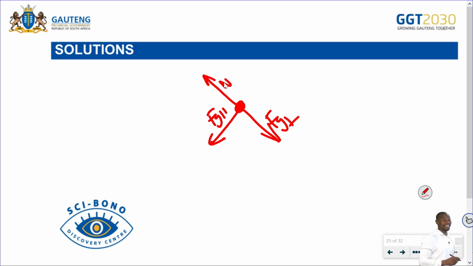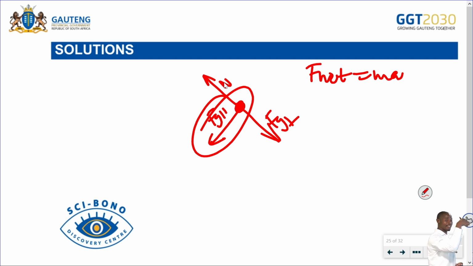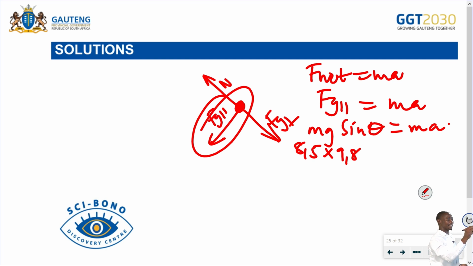Okay? So they want the acceleration. So F net, we know it's given by ma, because now it's accelerating. So we are changing from Newton's first to Newton's second law, right? How many forces are acting parallel? Since this object is moving parallel, there is only one, which is our Fg parallel. This is equal to ma, which is mg sine theta equals the mass times acceleration, which is 8.5 times 9.8 sine the angle of inclination, which is 30 degrees, equals 8.5 multiplied by a, which is what we are looking for.